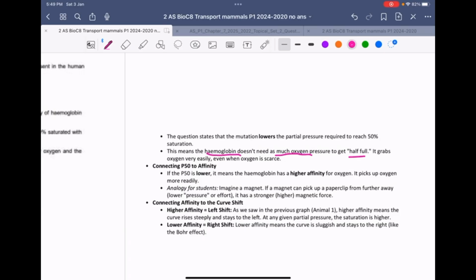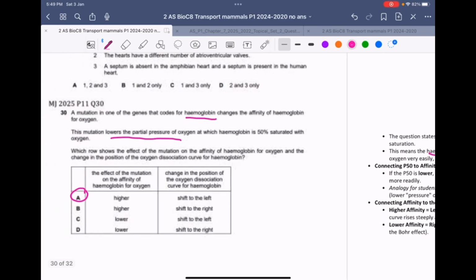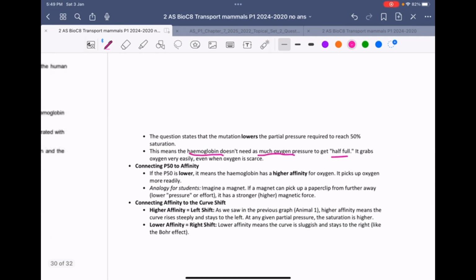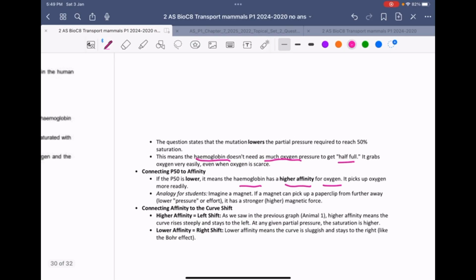So it means that the hemoglobin has a higher affinity for the oxygen. It can pick up oxygen more readily. So high affinity, referring to the curve, needs to shift to the left side.